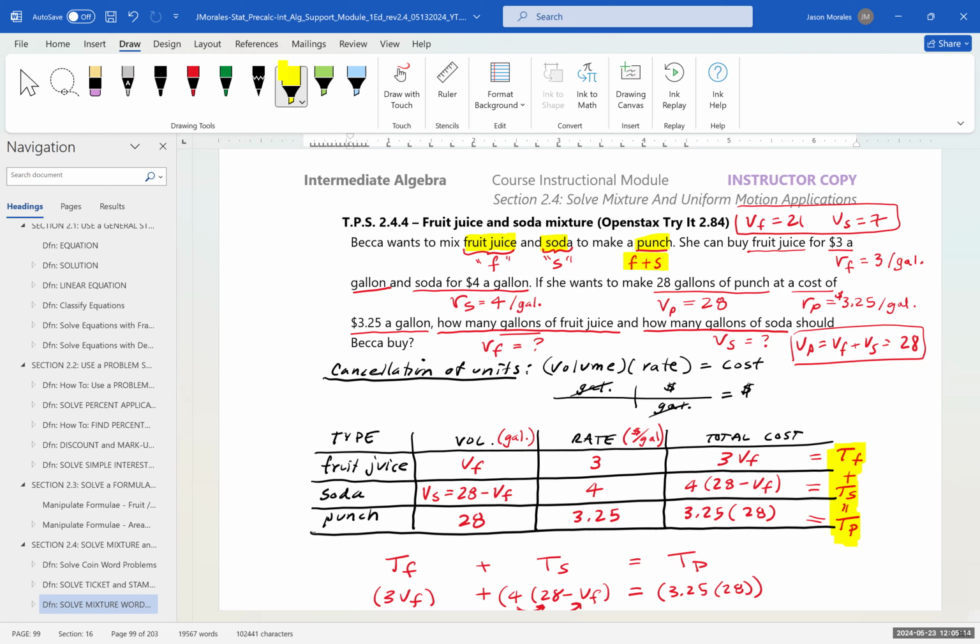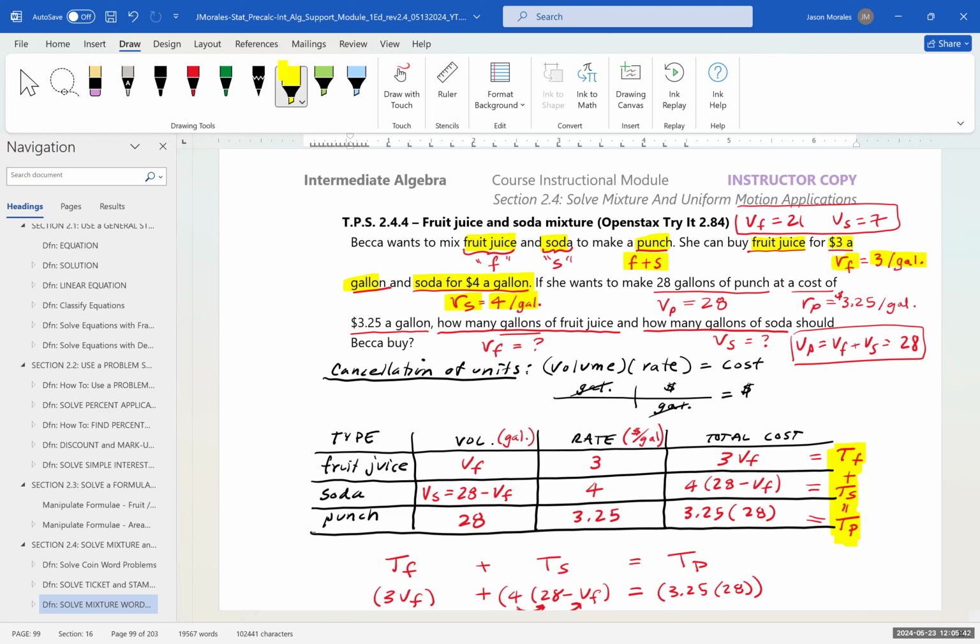So here we've got, she can buy fruit juice at $3 a gallon. Okay, so $3 a gallon is a rate. So this is the rate for fruit juice. Soda costs $4 a gallon. So that is also a rate. So we got $4 a gallon for the rate of soda. And she wants to make 28 gallons of punch.